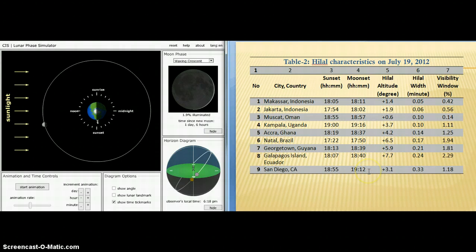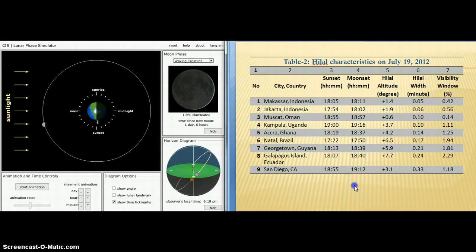Moreover, because the conjunction occurs at 12:24 Makassar local time, when the sun sets at 18:05 on July 19, 2012 in Makassar, the moon age will be only approximately 5.5 hours. So, most likely what will happen is that the authority in Jakarta, Indonesia will ask Indonesian Muslims to complete the month of Sha'ban 1433 to be 30 days.